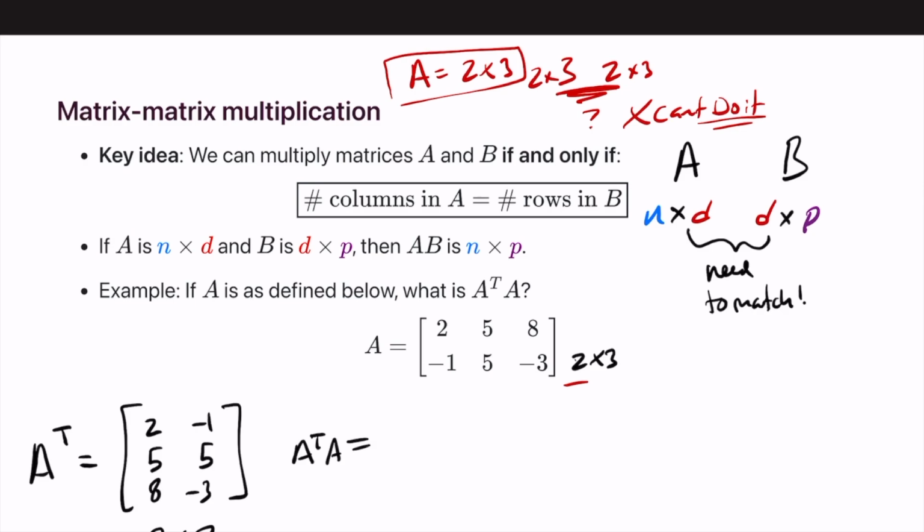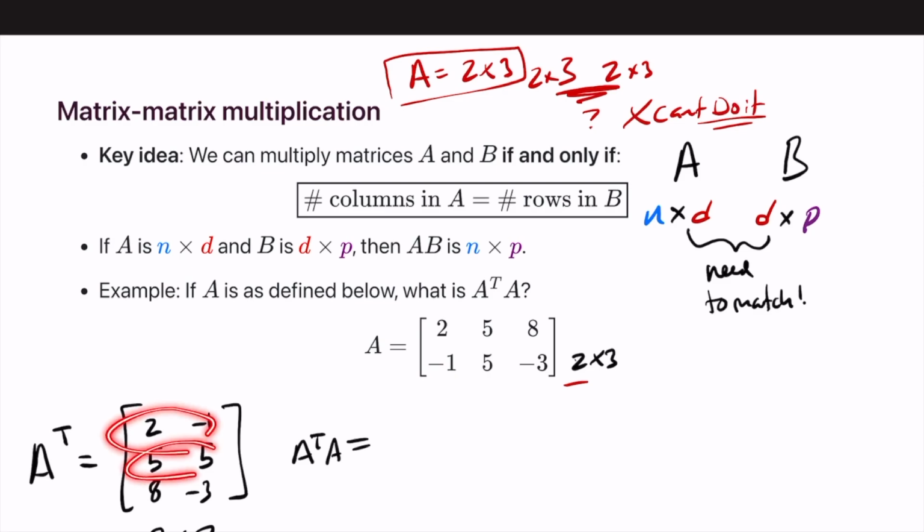The way to think about it is this is going to be an operation where we take the rows in A transpose, so that's 2, -1, 5 and 5, 8, -3, and we're going to take all three of these and dot product them by the first row, individually.